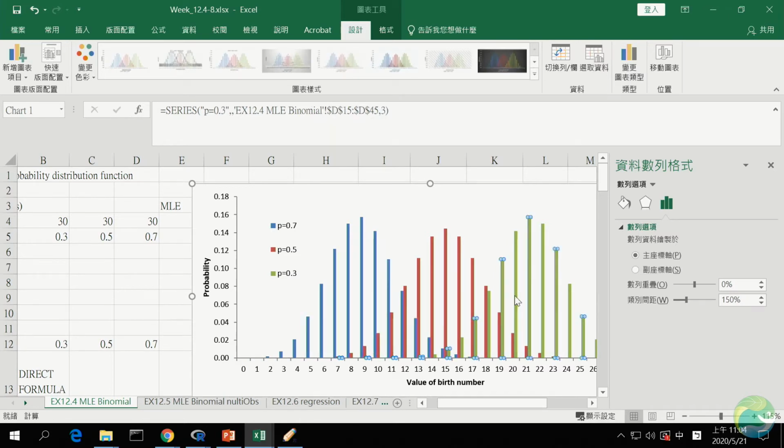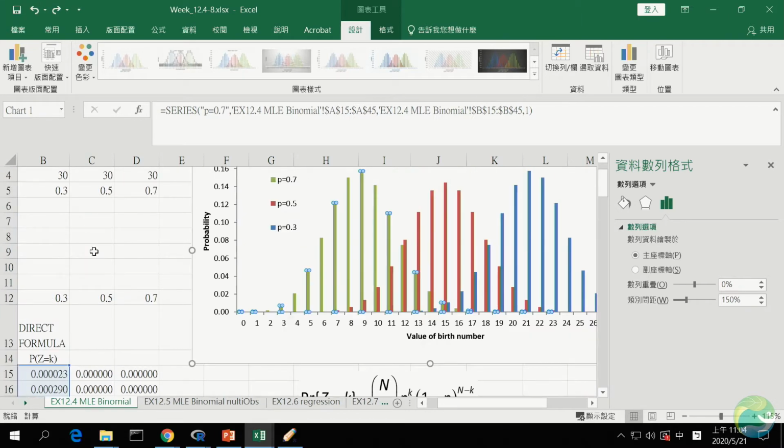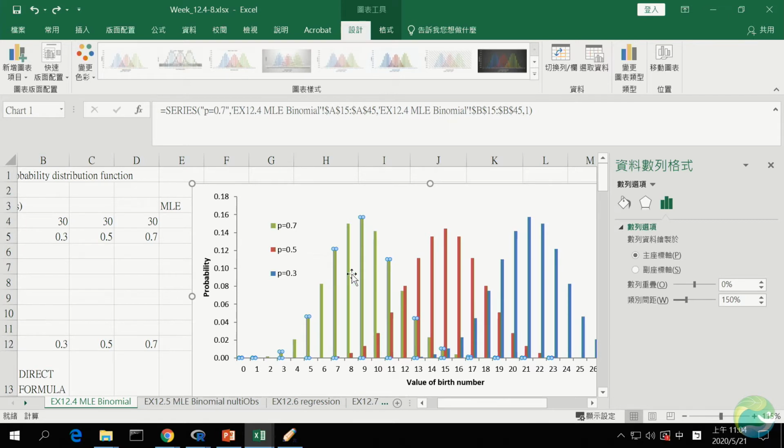This is blue. So this one is p equal to 0.3, this one is p equal to 0.5, and this one is p equal to 0.7. The legend is wrong.